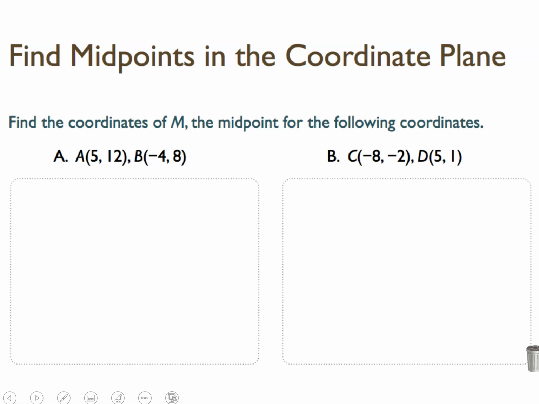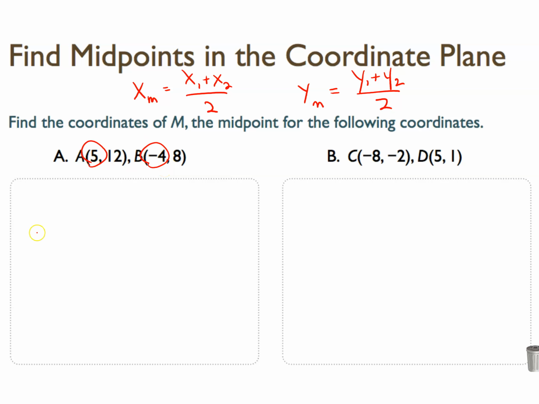All right, find midpoints. Midpoint formula. The middle is always equal to the ends of the segment divided by 2. So on these two, my ends are 5 and -4 for x. So x, the middle point of x, is 5 minus 4 over 2, which is 1 over 2.